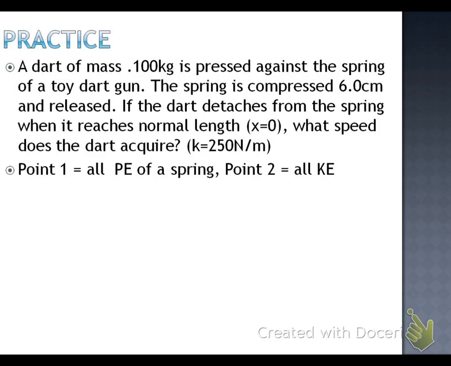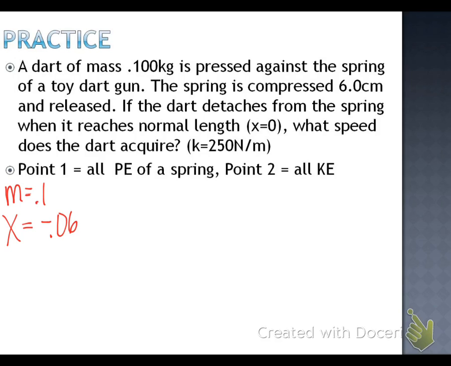Okay? So if we have a mass of 0.1, we have our x, which is going to be what? You're both kind of right. What does the 6 centimeters need to be in? Meters. Negative 0.06.